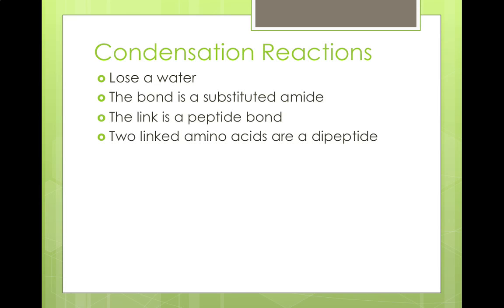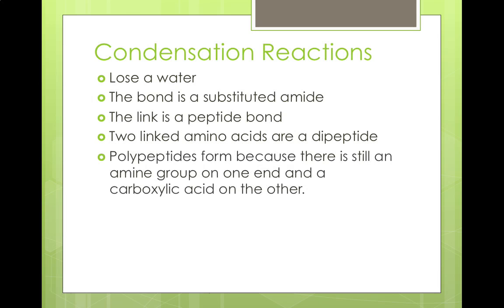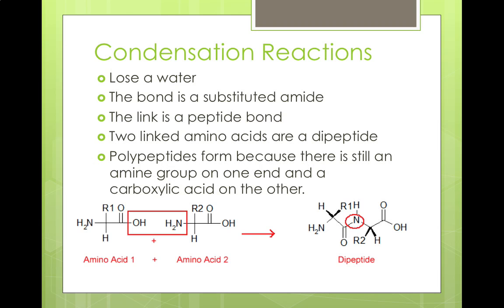The 2 linked amino acids would be called a dipeptide. And if I start getting more than just 2 amino acids, which is what we have with proteins because they're polymers, I call them polypeptides. Poly for polymers, peptides because I have all of these peptide bonds. And there's still going to be an amine group on one end and a carboxylic acid on the other end, and that's how they're going to be allowed to continue reacting.